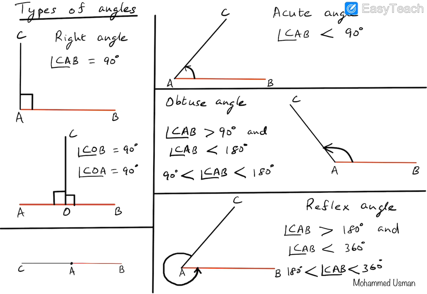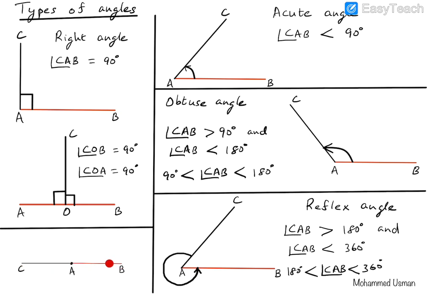And the other type of angle here is a straight angle, when the angle between the two line segments AB and AC is exactly equal to 180 degrees, as we have over here. So that means the two line segments AB and AC form a straight line themselves.